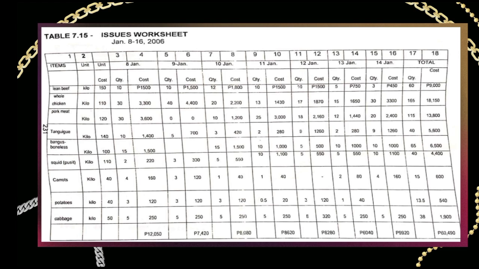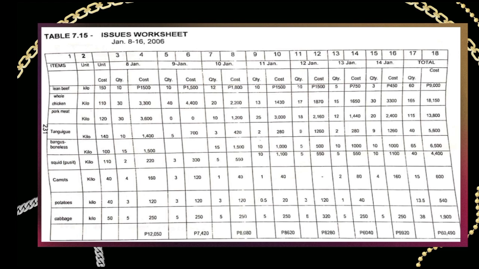This worksheet records all items released to the kitchen or other departments. All requests are supported by requisition slips submitted to the storeroom or warehouse. It is important to note when encoding issuances that the default unit of measure is followed. Otherwise, this may result in unwanted variances.